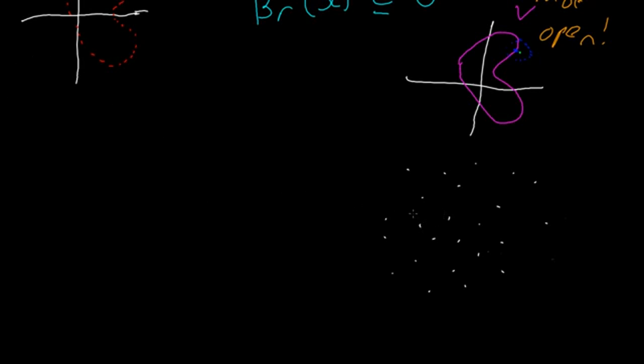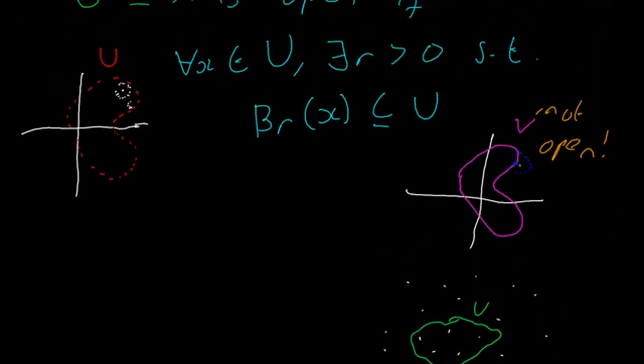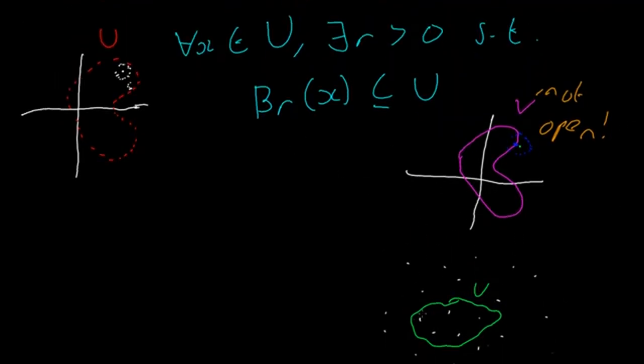Well, let's take some arbitrary subset of this space. So let's say these 5 points, for example. This is U. Our requirement for this to be an open set is that every point in this set has an open ball of some non-zero radius around it contained within the set.